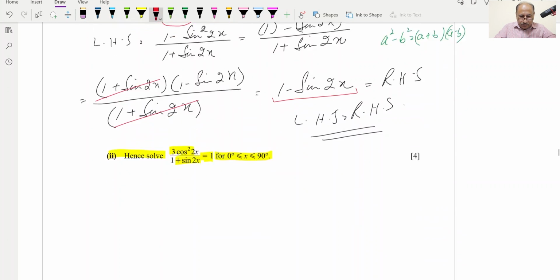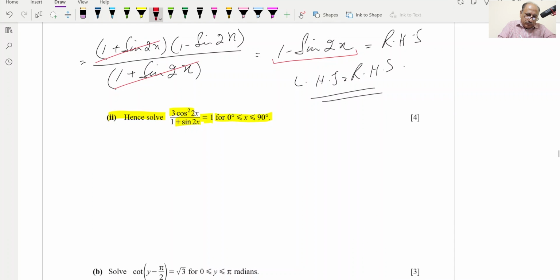So we will write this portion as 1 minus sine 2x. Our equation will become 3 into (1 minus sine 2x) equal to 1. So this implies, if we open the bracket, 3 minus 3 sine 2x is equal to 1.